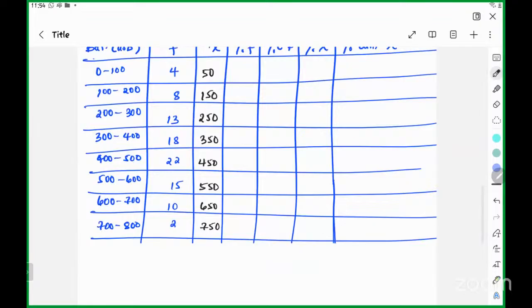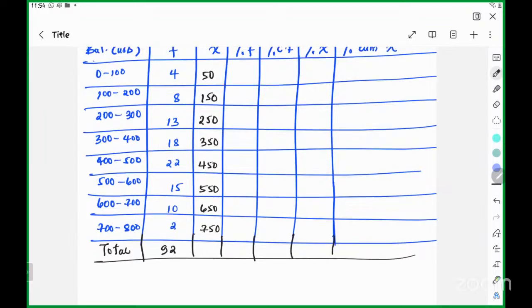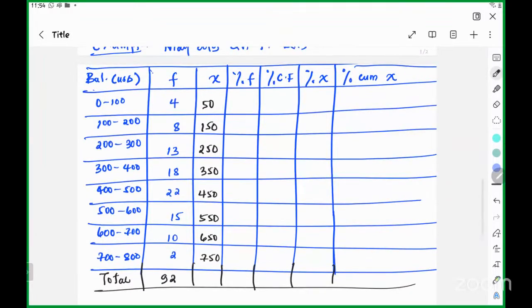Okay. What is the total frequency? 92. So percentage F will be each of these divided by 92.